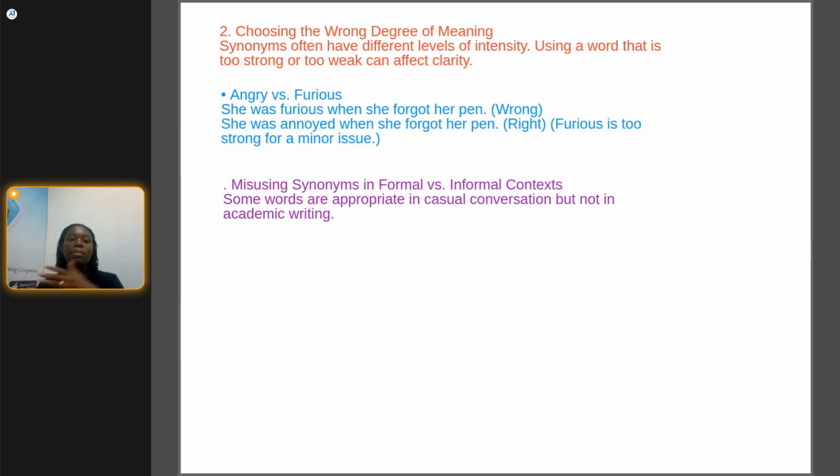So you could make the mistake of misusing synonyms in formal and informal context. So for a formal context, you need to use formal synonyms, and for informal context, you need to use informal synonyms.